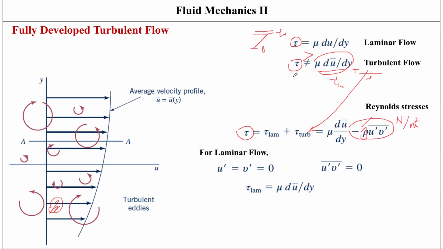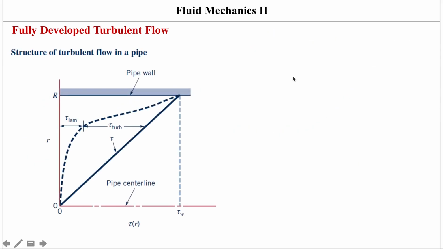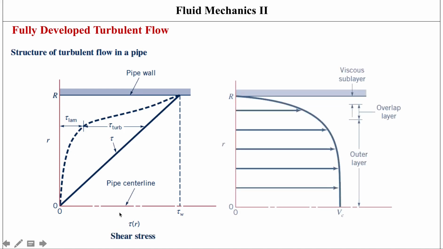But for the turbulent shear stress, how is this going to be represented, and what is the structure of the shear stress? So let's just look at that first. This is what it looks like. And now this is an entire theory within itself. I'm going to stop this video here, and we are going to move on to looking at what this is about and how the average velocity profile looks for a turbulent flow in the next video.